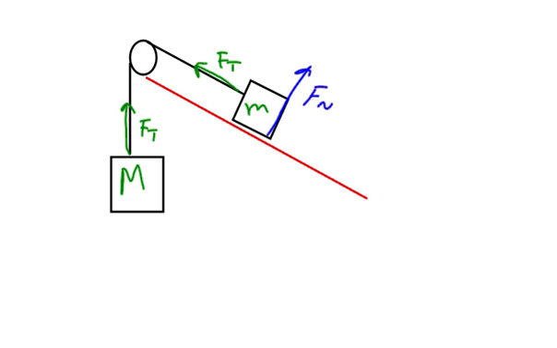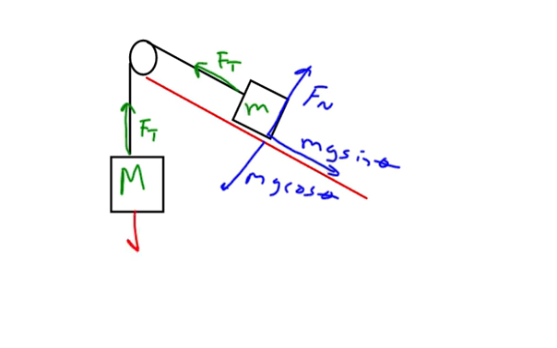But let's put that down into little mg sine theta and mg cosine theta. And if we look over at the big mass, the additional force that we have is big Mg.